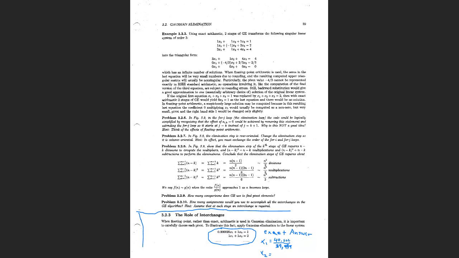The other answer for x2 is going to be 39,998. Okay, and that's going to be divided by 39,999.